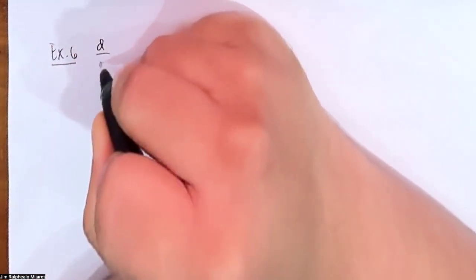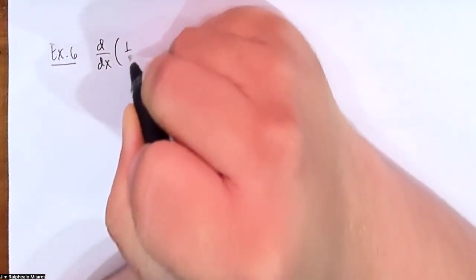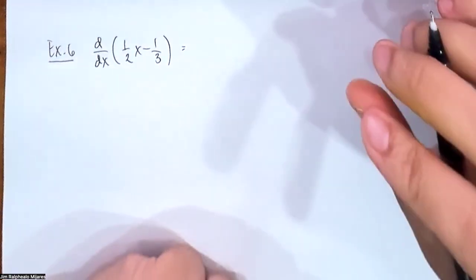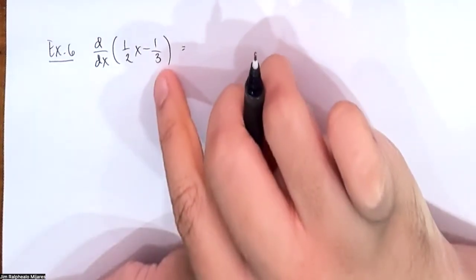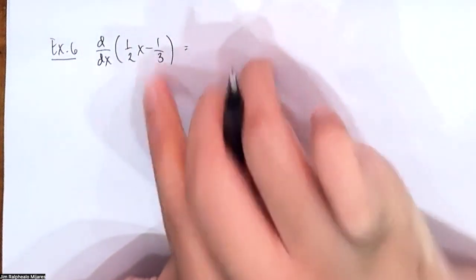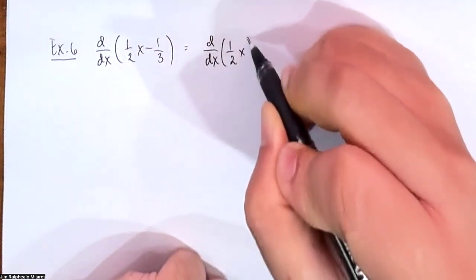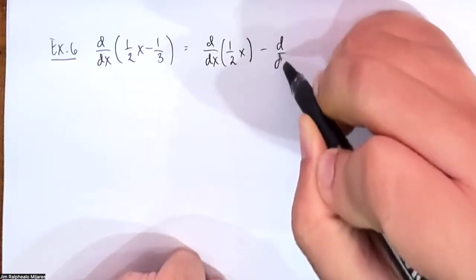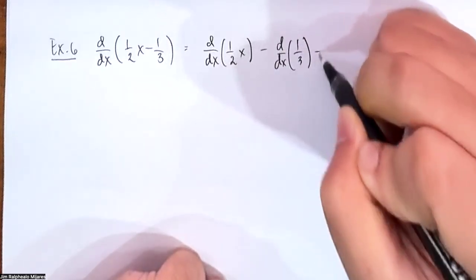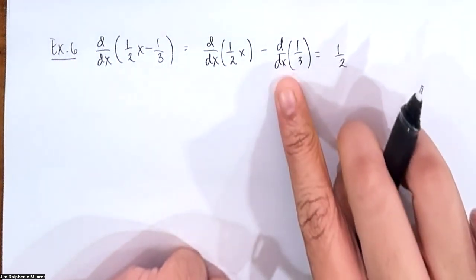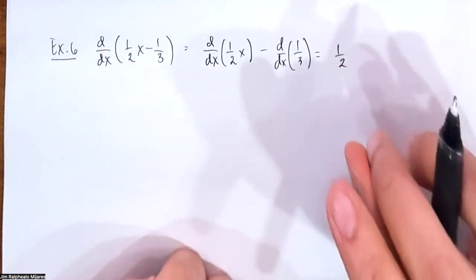What is the derivative of 1/2 x minus 1/3? Now, if you see a constant there, that means that its derivative is 0. Okay. So this is just the derivative of 1/2 x minus the derivative of 1/3, which is equal to 1/2 because the derivative of this is 0. Okay.